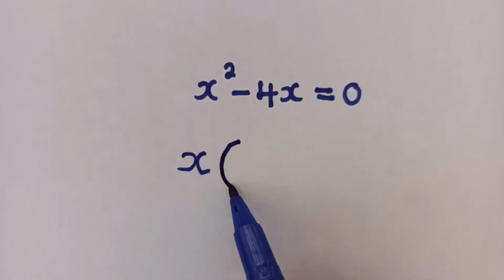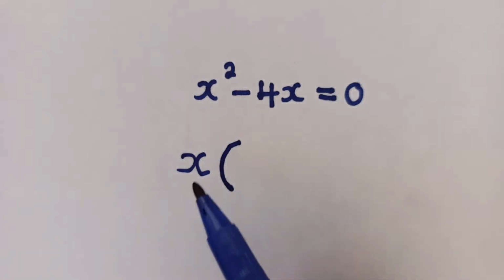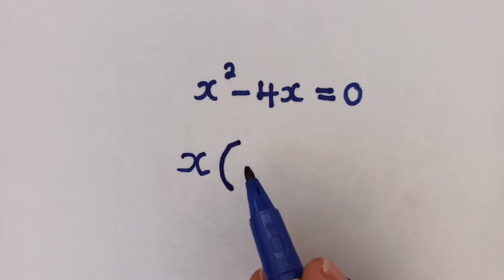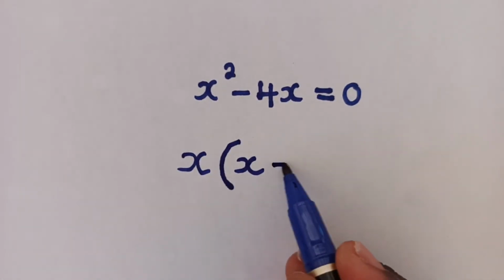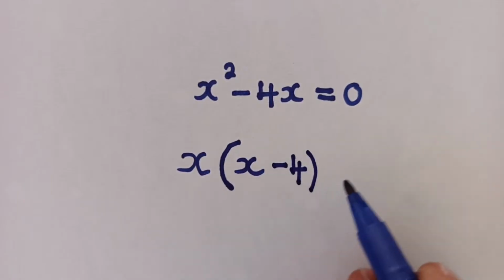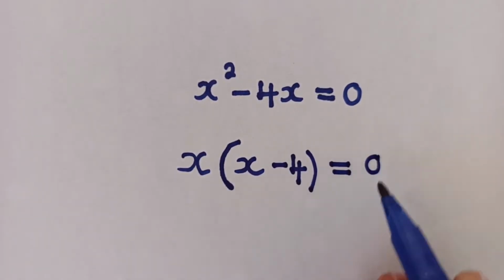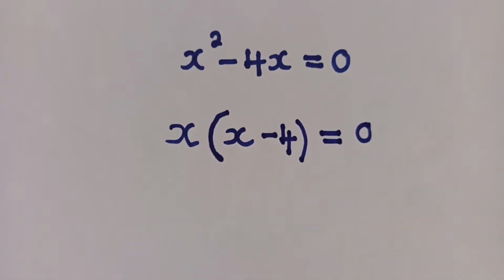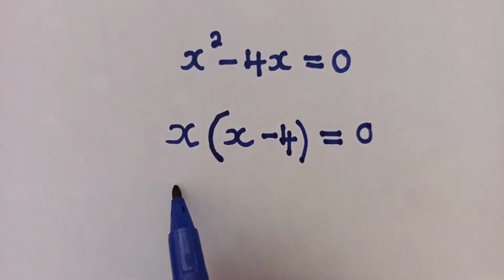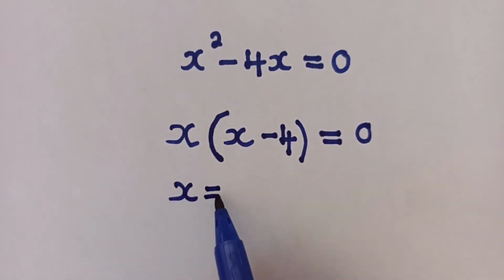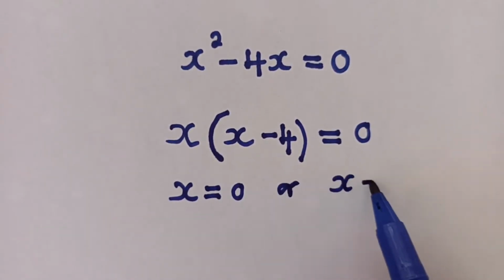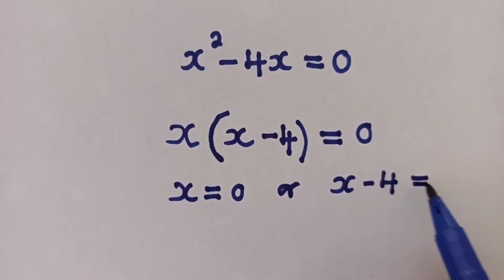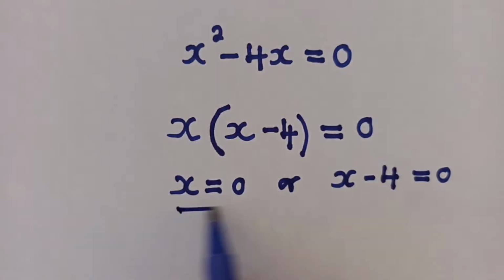So write your x outside the brackets and then say x into x power 2, you remain with x. x into negative 4x, that is a negative 4. You close, which will give you 0, or we say equal to 0. And from here, we can say x is equal to 0, or x minus 4 is also equal to 0. This is the answer.